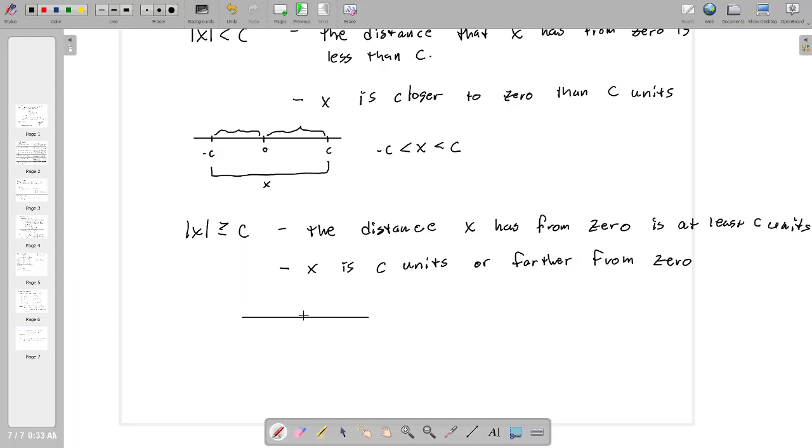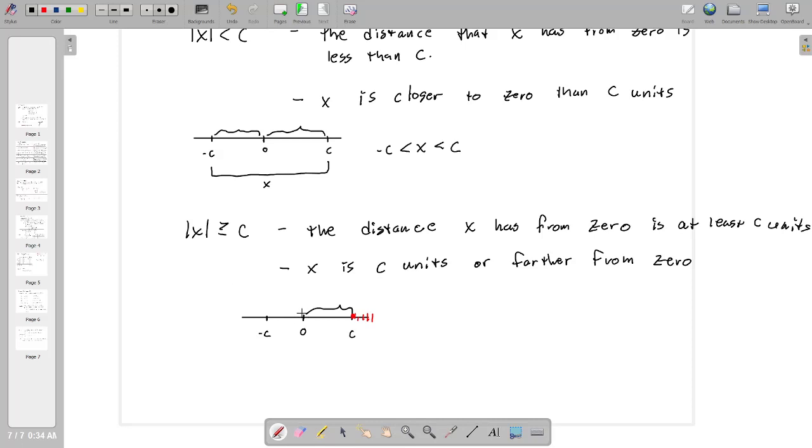So what that means is, on a graph, suppose we have 0 here, this is c, and this is negative c, then x is farther away from 0 than c units. Since this is c units away, x is farther away. So it has to be greater than c. So x is going to be within this region out here. Also including c because we have equal to.